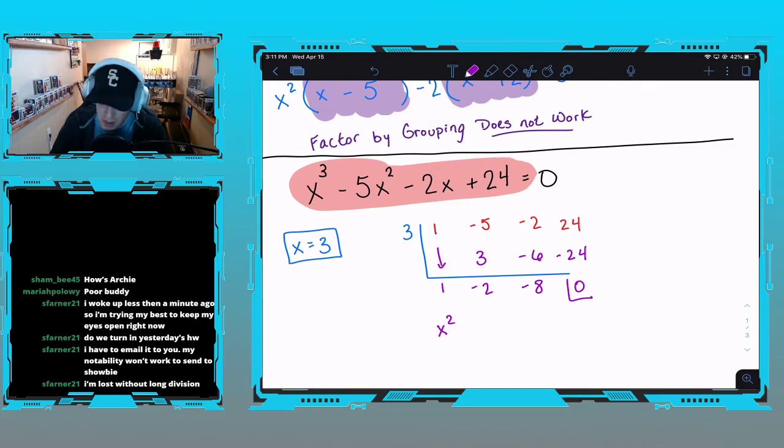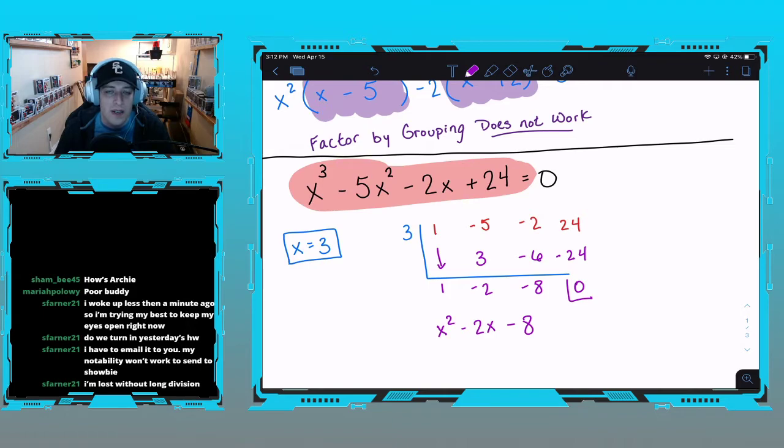Now if I go to the next part, it was -5. The -5 had an x squared next to it, so I have to take 1x away when I go to write it with this -2. So I'm going to write -2x. And then the last part, it only had 1x, that -2x. So when I go to write down the final answer, I have to take 1 away, so it's just going to be that -8.